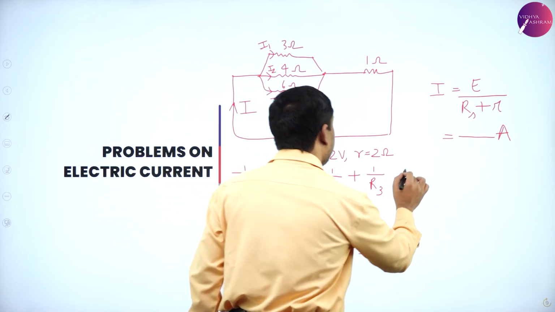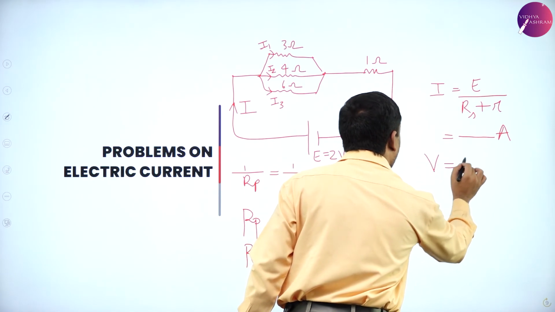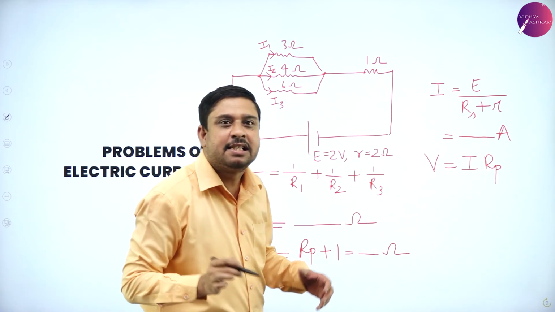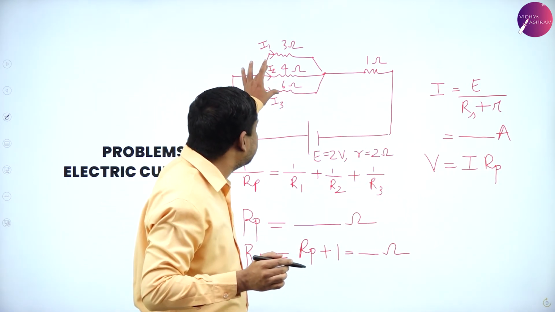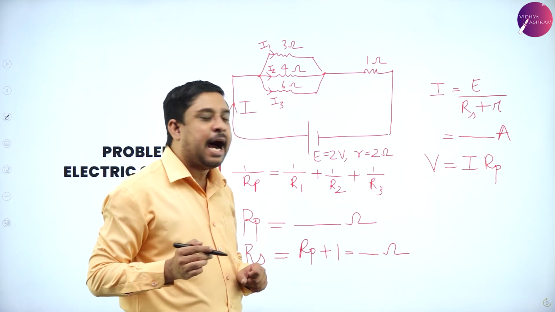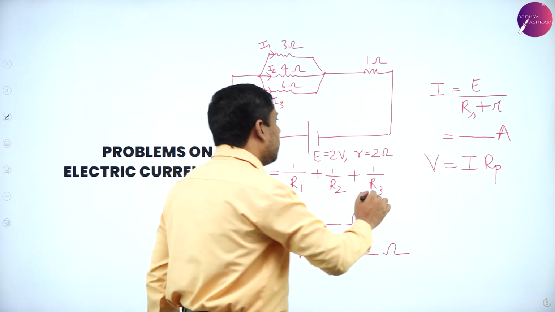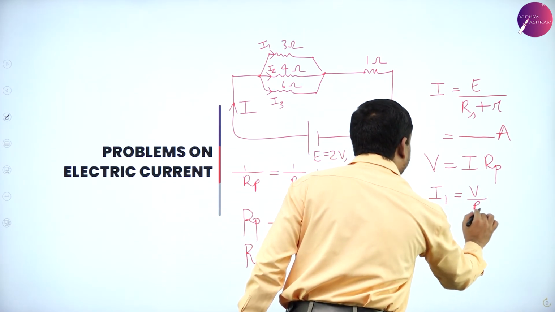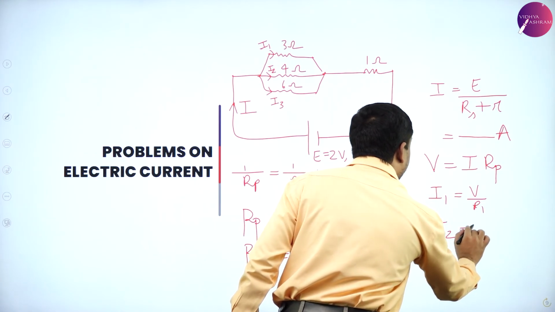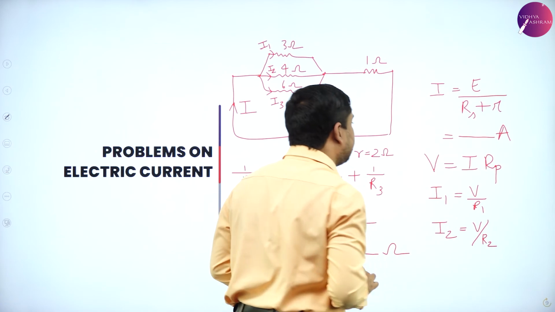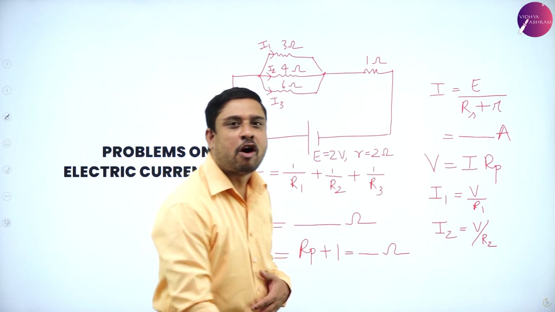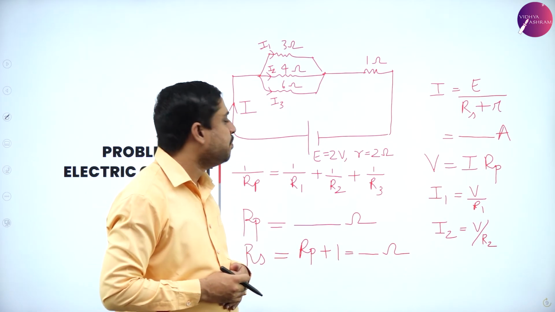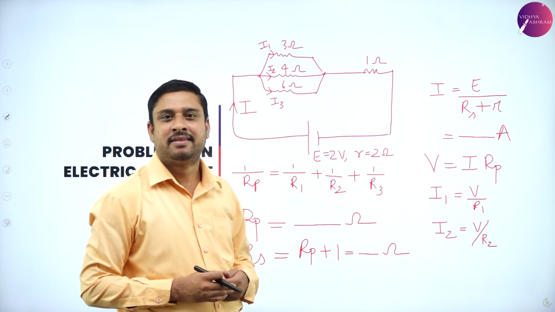Now, potential across the parallel combination V is I into Rp. So, what is I1? V by R1. I2, V by R2. I3, V by R3, because for parallel combination, voltage always remains the same. That's all.